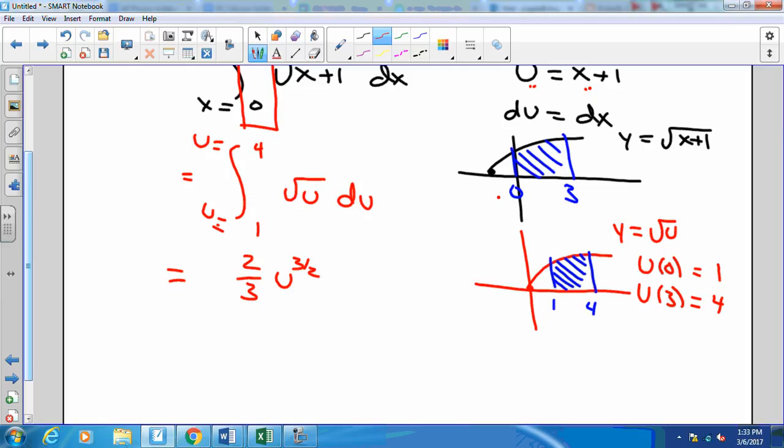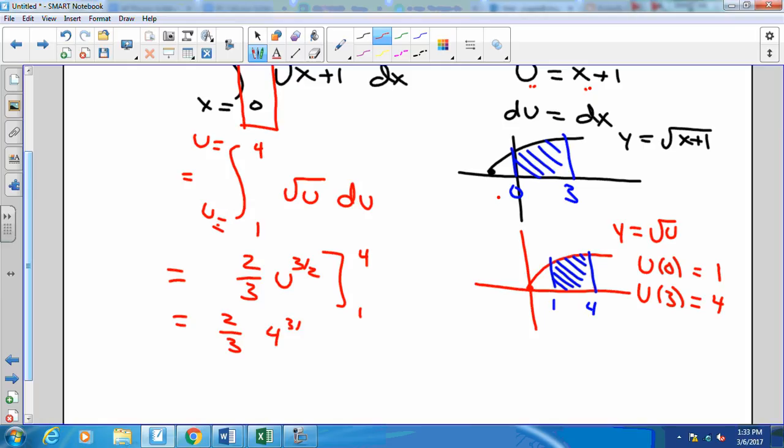Now, because we've got derivatives and integrals all jumbled up in our head, check that. Take a derivative, see if it checks out. Yeah, okay, good. Got our head straight again. And we're going to evaluate that from 1 to 4.